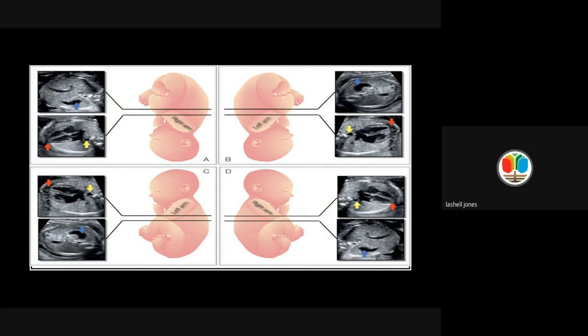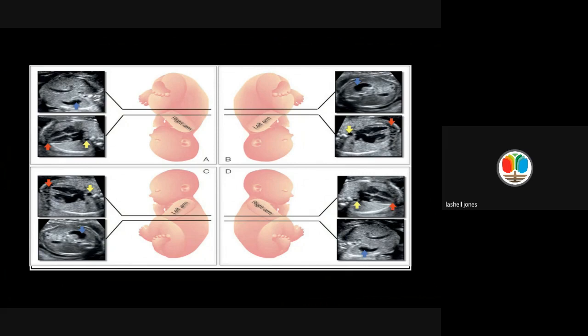The heart for a vertex baby, head down, is at 5 o'clock, and the stomach is at 3. You can see that in both examples. Now, for a breech baby, we're still parallel with mom's spine, but the presentation is different. The heart apex is at 7 o'clock, and the stomach is at 9.